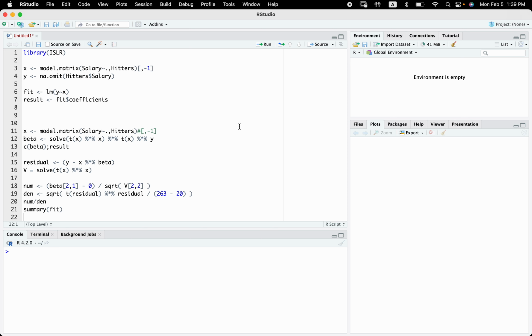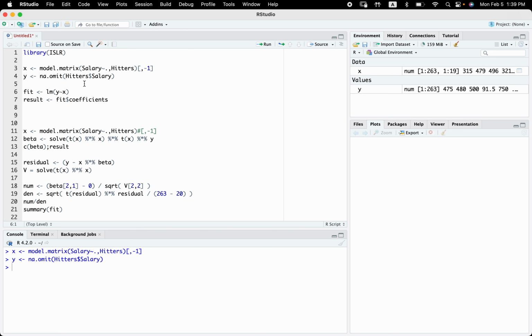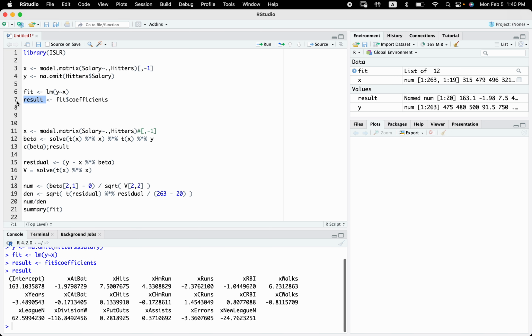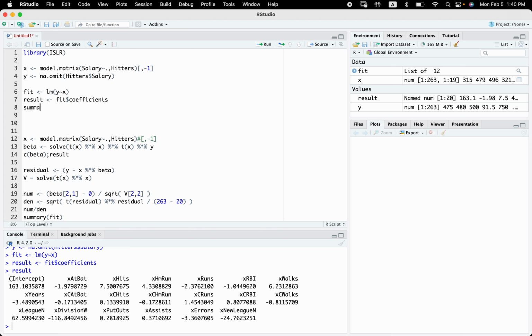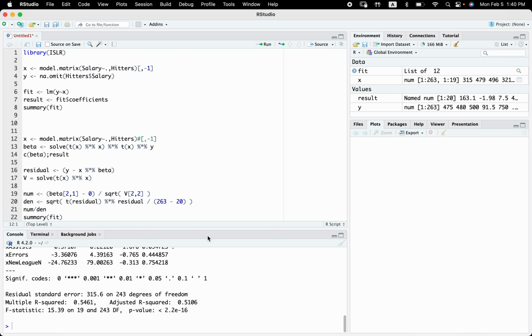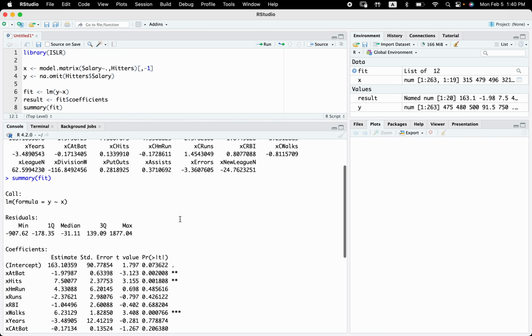And now we are going to perform it in R just to double check. So here we have our x and y, and this is the result from the built-in function in R. We have the coefficient estimates and also the individual test for each of the coefficients.